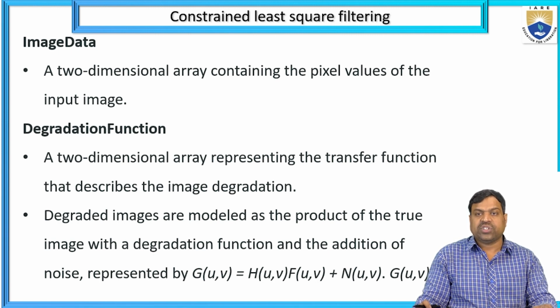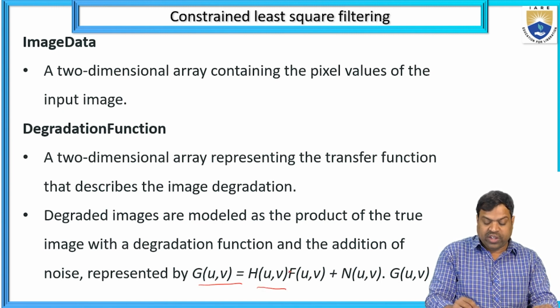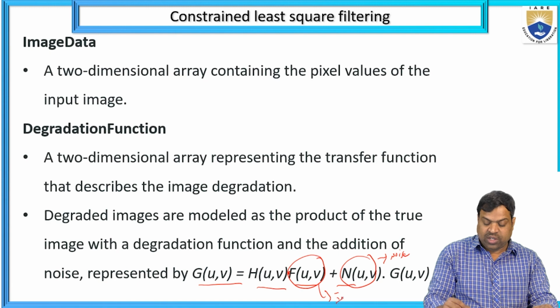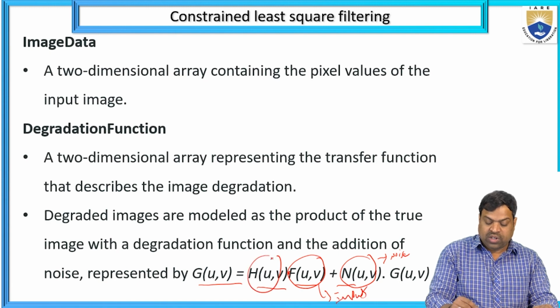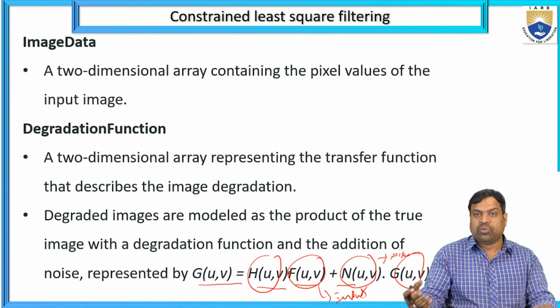The degraded image is modeled as the product of the true image with a degradation function plus the addition of noise, represented as G of (u,v) equals H of (u,v) into F of (u,v) plus N of (u,v). Here N is the noise, G is the degraded output image, and F is the input image with noise added.